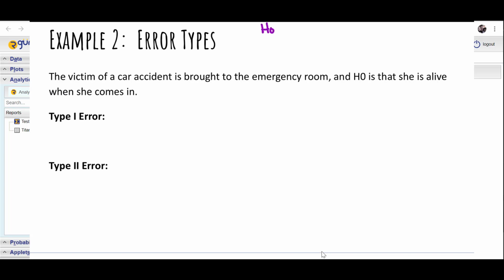I'm going to write the null and the alternate statement. So the null is that she's alive, which means the alternate is that she is not alive. So let me write this again. I find it helps to have it written out so I can cross off things.